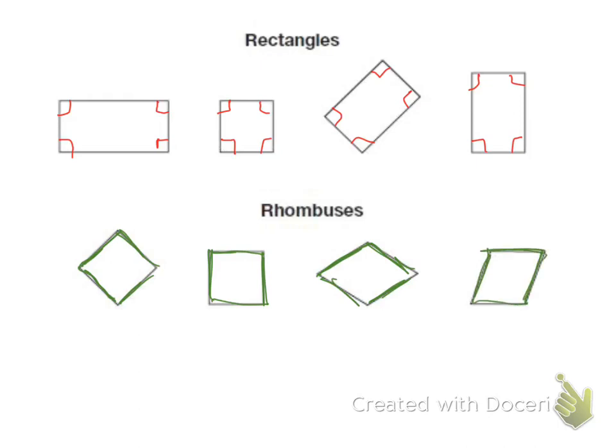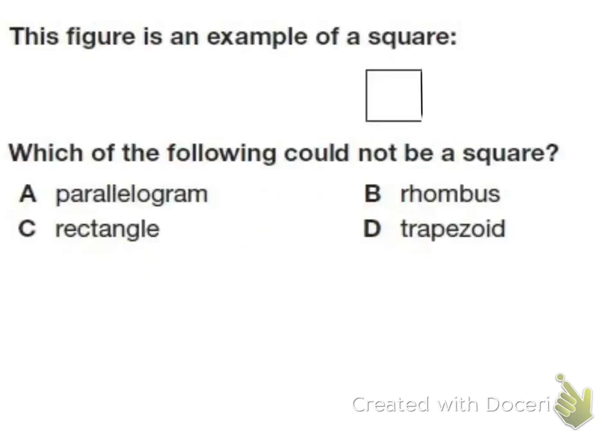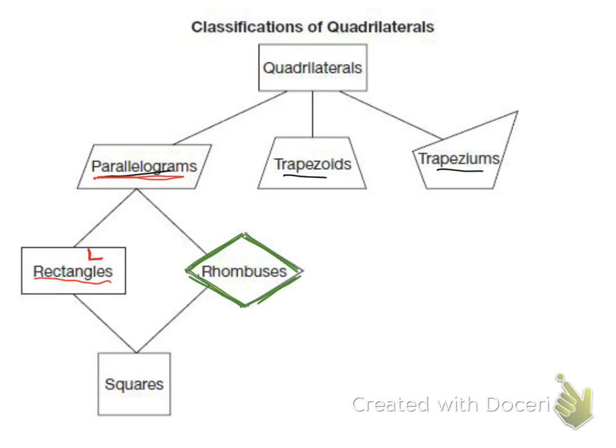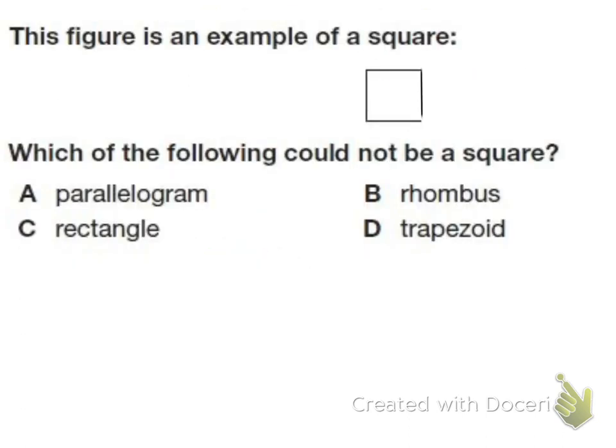Now, the last one is a square. Squares are both rectangles and rhombuses, because squares have to have equal sides and 90-degree angles. So a square is a special type of rectangle and rhombus.